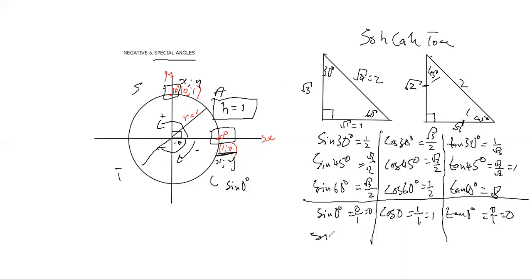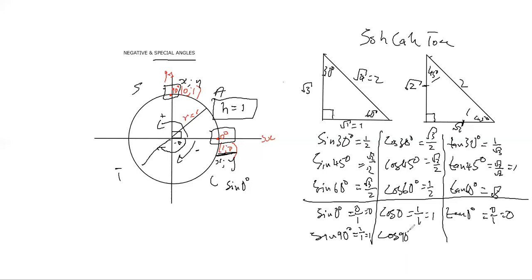And then lastly, what is sine 90? Sine 90, we are now here, okay, at the top here. We can see x is 0 and y is 1. So opposite is y, which is 1. Hypotenuse remains 1, so sine 90 is 1.